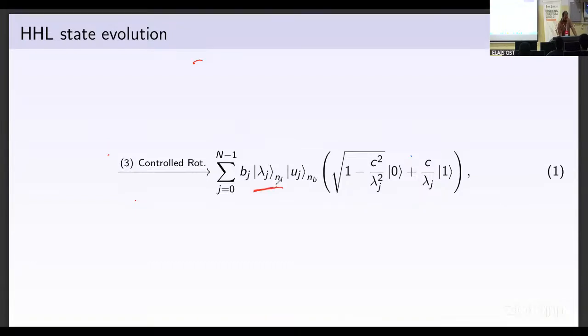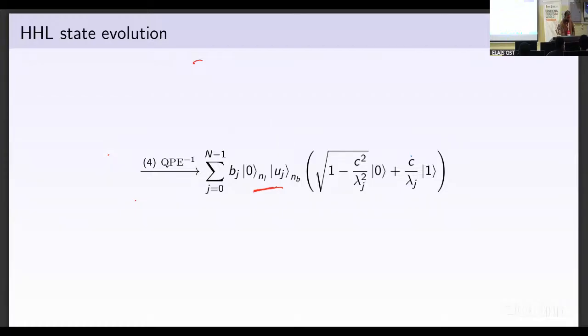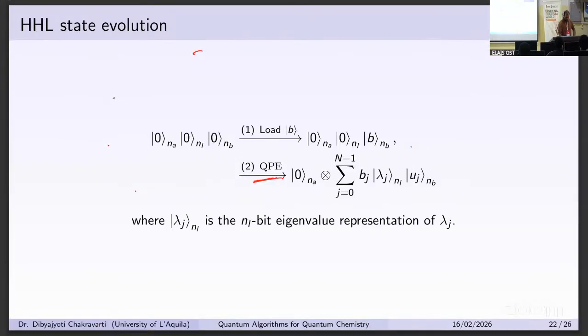The lambdas were stored in the NL register, and now after QPE inverse, the NL register is again 0, and we get back to the original way, and A inverse is now present there. So what happened essentially here is, remember we loaded lambda j in the NL register. We now want to go to 1 by lambda j so that we can get the inverse eigenvalues.